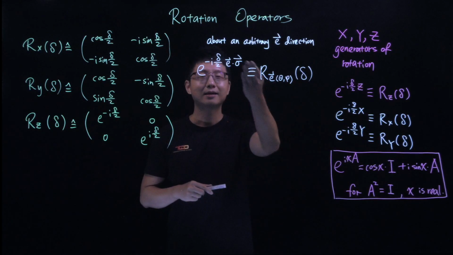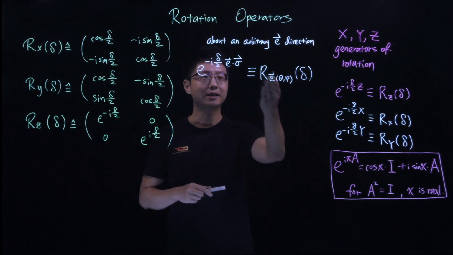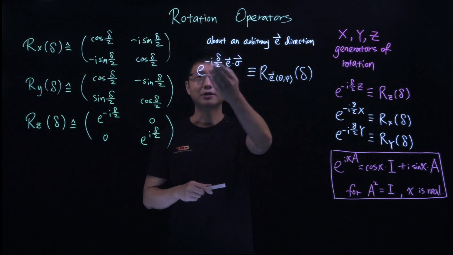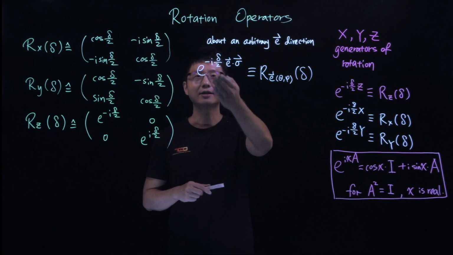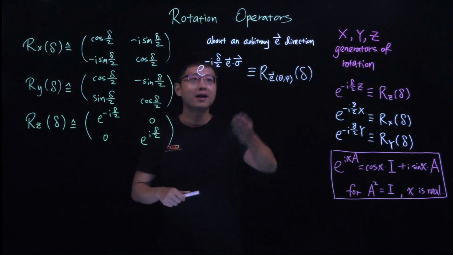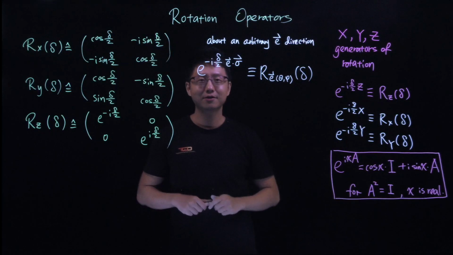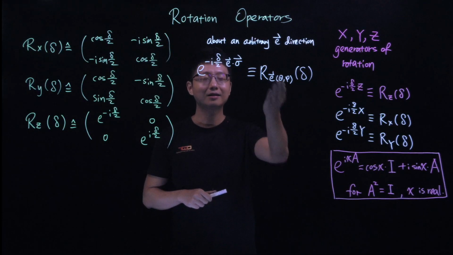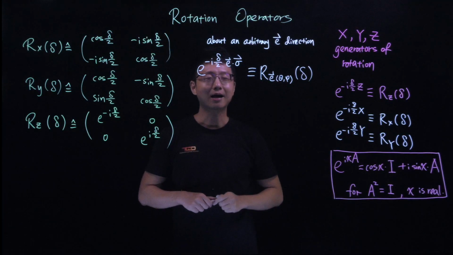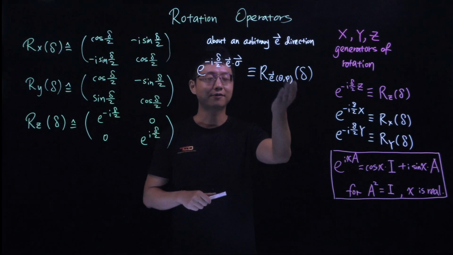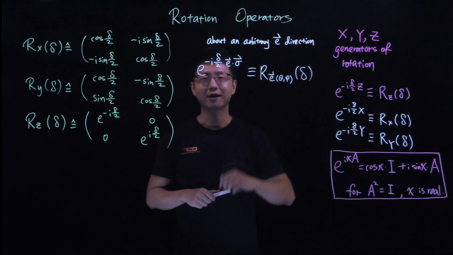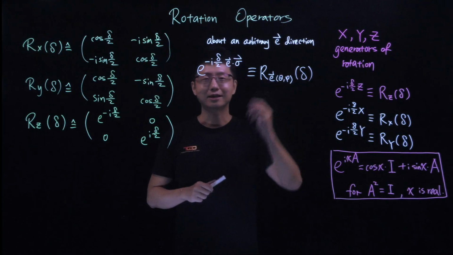Let's remember that to specify the unit vector e, we need two parameters, the polar angle and the azimuthal angle. In order to specify the angle of rotation, we need to specify the third parameter, which is the delta. This must be the most general rotation that we can do on the qubit. This is because the rotation axis, e, is arbitrary, specified by theta and phi, and the angle of rotation is also arbitrary, specified by the angle delta.